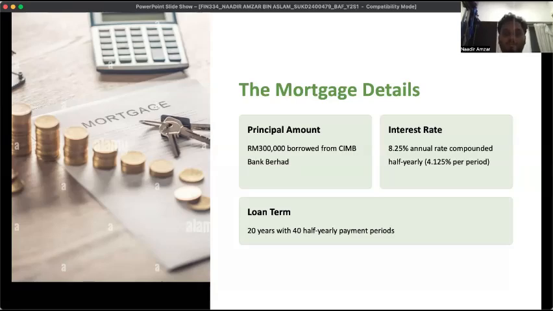This means that the interest is calculated twice a year at 4.125% per period. The loan term is 20 years, and since it's compounded twice a year, they will have 40 total payment periods. So basically, every 6 months for 20 years, they will make one repayment.